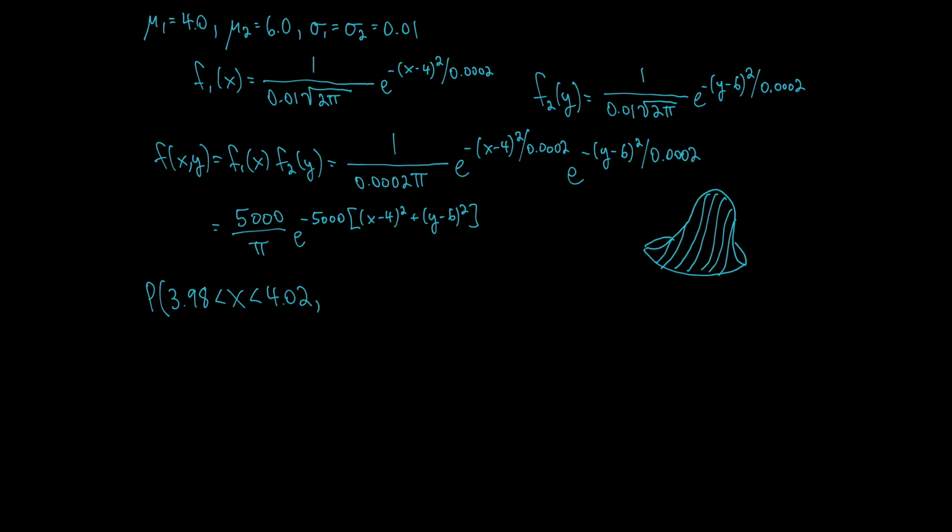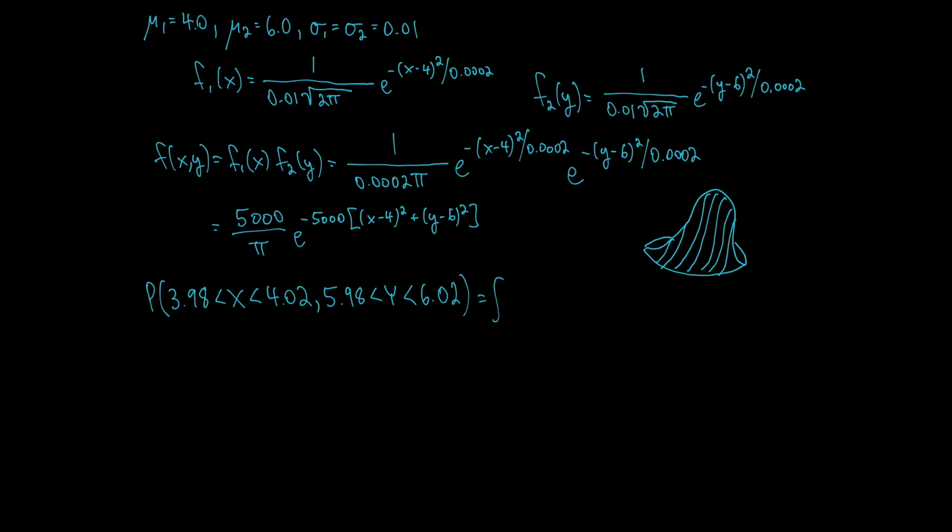So that's the probability that x differs by less than 0.02. And for y, it's the probability that y is between 5.98 and 6.02. Just took the mu1 and mu2 and go up by 0.02 and down by 0.02.